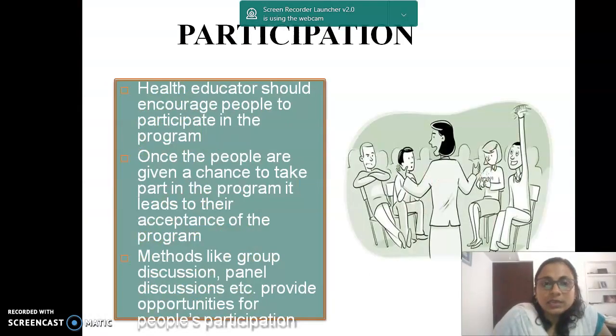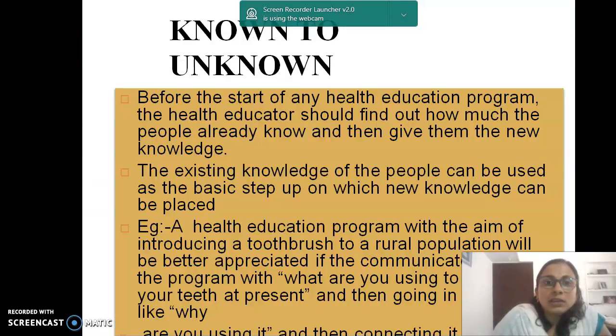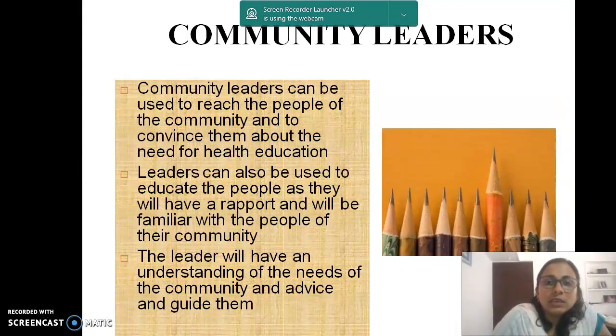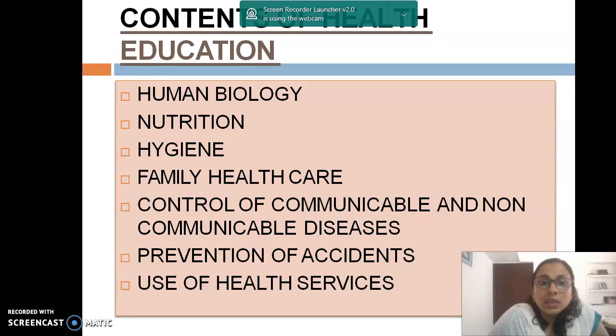Then next we see what components we normally give in health education. We give health education during the home visit or during the practical aspect: human biology, nutrition, hygiene, family healthcare, control of communicable and non-communicable disease, prevention of accidents, use of health services. These are the common areas we give health education.